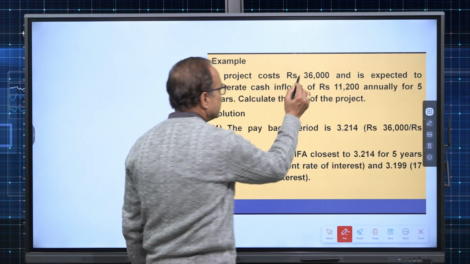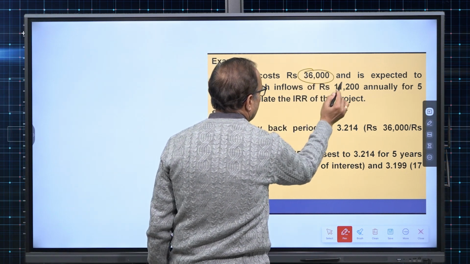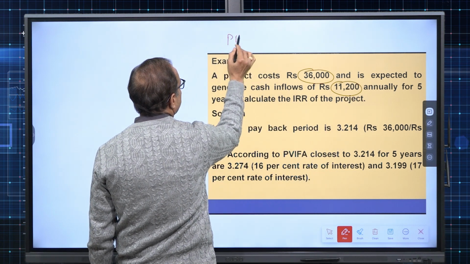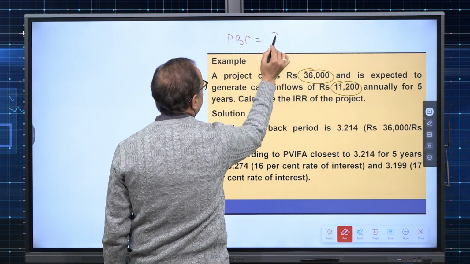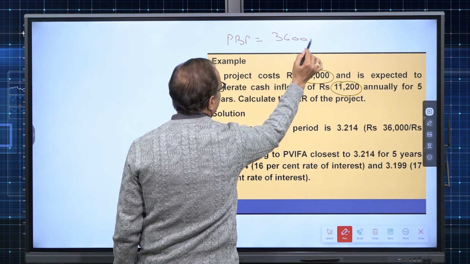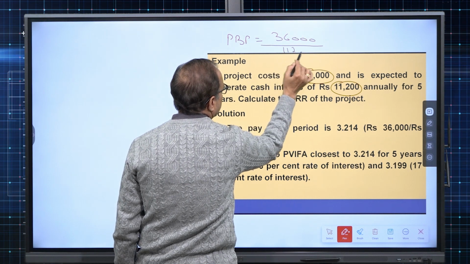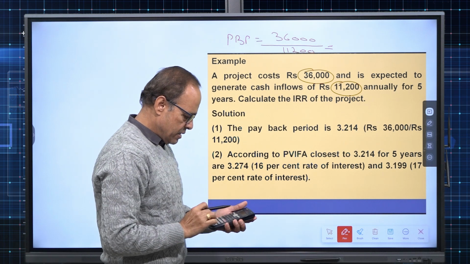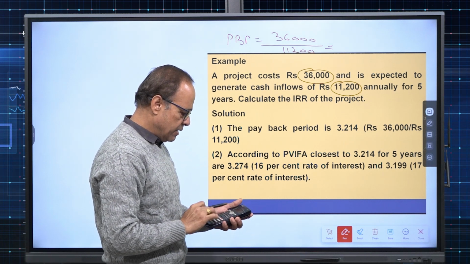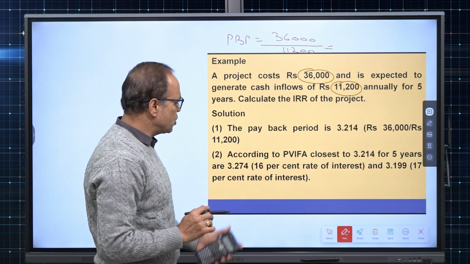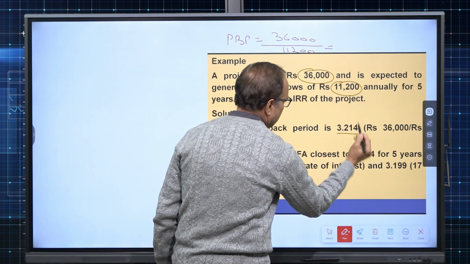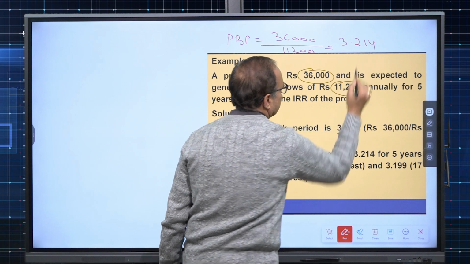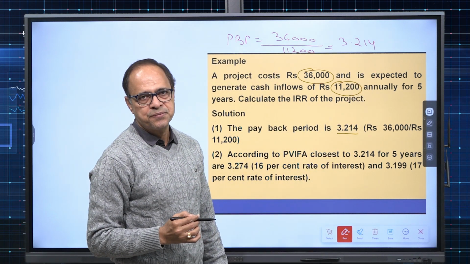Your initial investment is 36,000, annual cash inflow is 11,200. So, payback period is simply 36,000 divided by 11,200. What answer we get? 36,000 divided by 11,200 is 3.214.